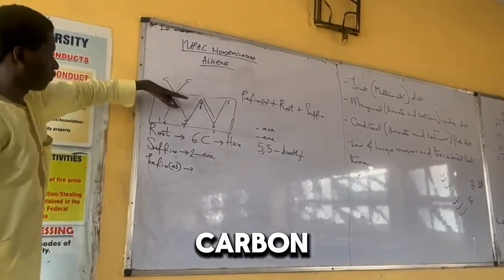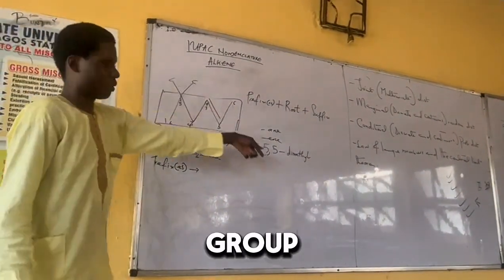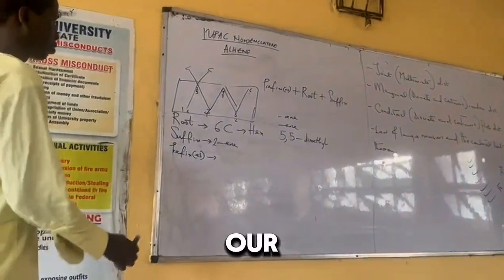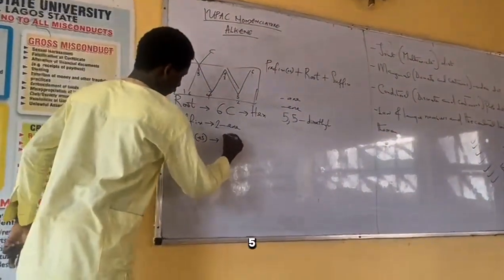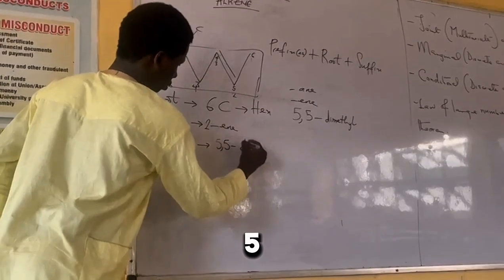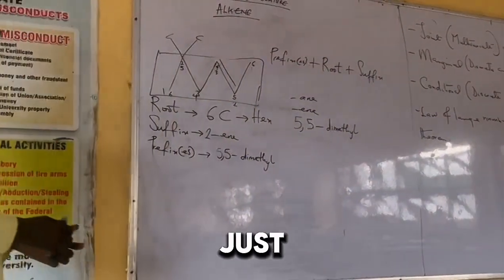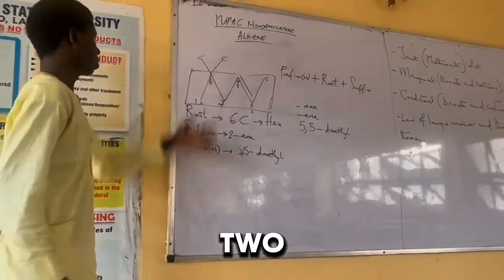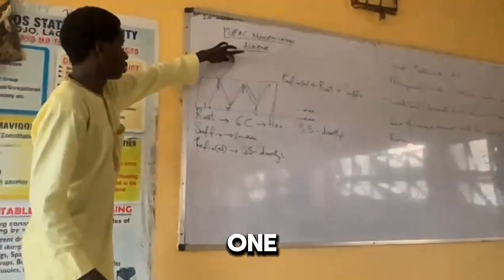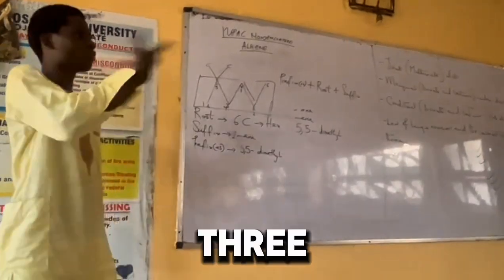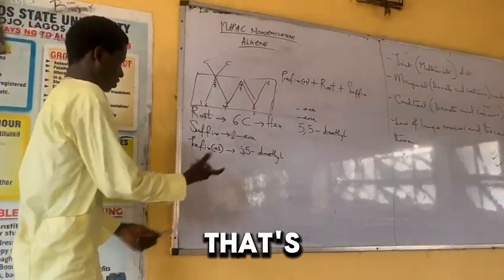Because on this carbon 5, we have 2 methyl groups attached to it. So we can just have our prefix as 5,5-dimethyl. That's just the concept, because you have 2 carbon atoms, and they are both methyl. Then you have your di here, and if we have 3, that is tri. So that's the concept there.